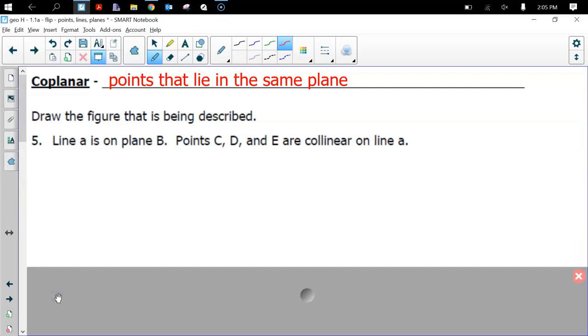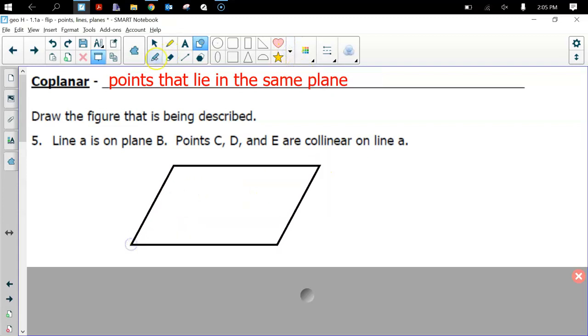Okay, so for this one, line A is on plane B, points C, D, and E are collinear on line A. This is a lot to try to picture at once. So try to break it down into parts and draw the parts, then make sure that you have everything represented. Because when you're trying to draw something complicated, sometimes it's hard to visualize all of it.